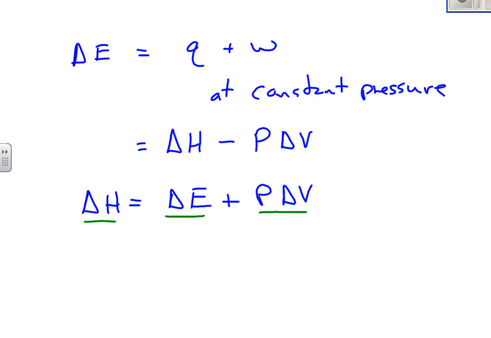In most situations, the P delta V part here is rather insignificant. So for most of the reactions that we'll deal with, we'll assume that delta H, the enthalpy, is approximately equal to the change in the internal energy.